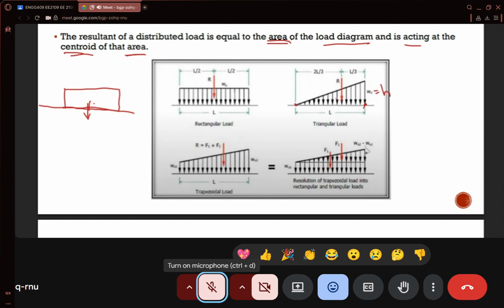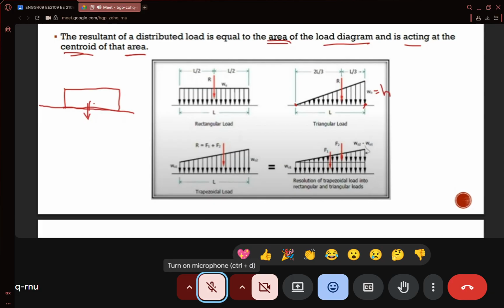Now, your centroid lies on the position that is 1/3 of the length from the height, or from the highest point of the height of the triangle.